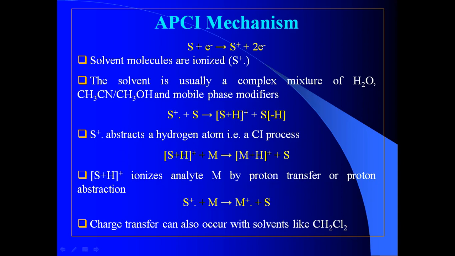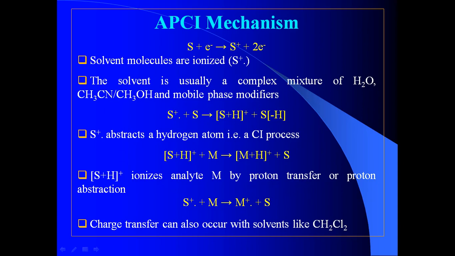The solvent molecules are ionized to form the solvent cations, and these produce the reagent ions in the positive mode, and maybe in some cases in the negative mode, S plus proton in positive and S minus proton in negative mode. These reagent ions collide with the sample molecule.